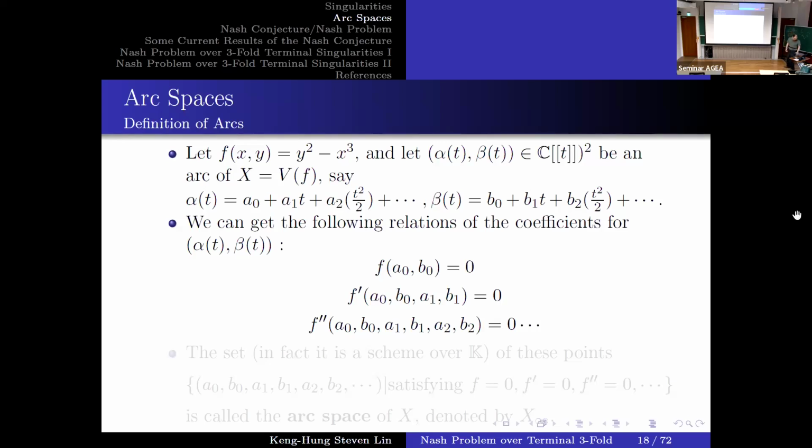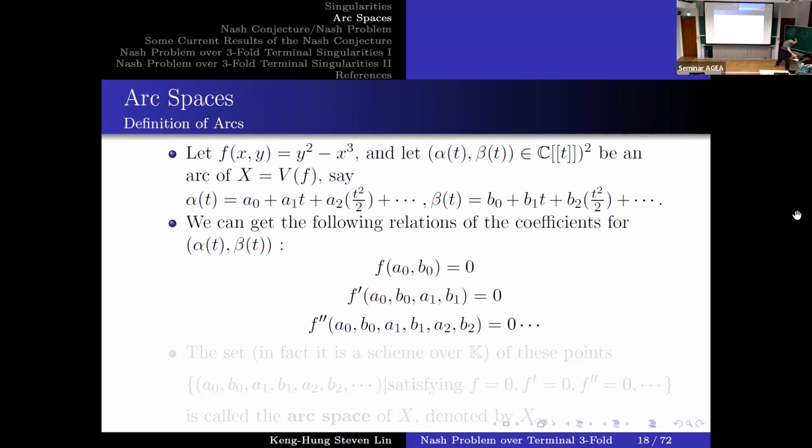It is not hard to see that the zero order term is the original equation y squared minus x cubed. The first order term is the equation of the tangent line, which is the gradient of f at (a0, b0) dotted with (a1, b1). And the second order term is the quadratic approximation of y squared minus x cubed.